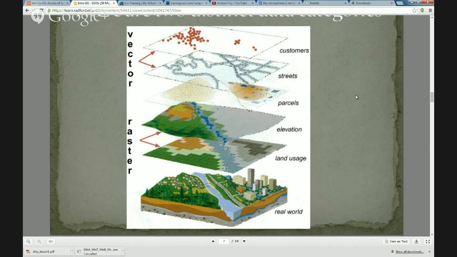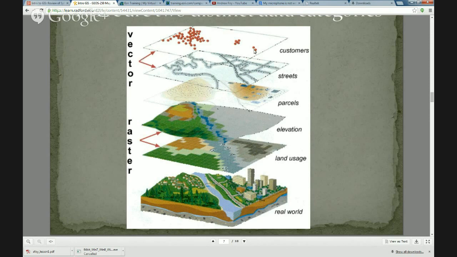Now, there's some important distinctions between vector type information and raster type information. Vector data is synonymous with maybe points, lines, and polygons. So when you think vector, I want you to think back to basic geometry. We're modeling the real world using points, lines, and polygons.